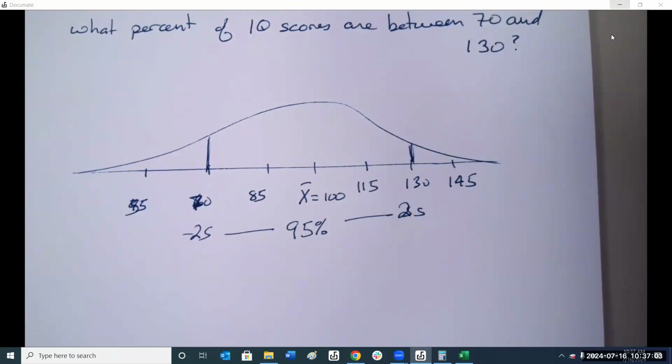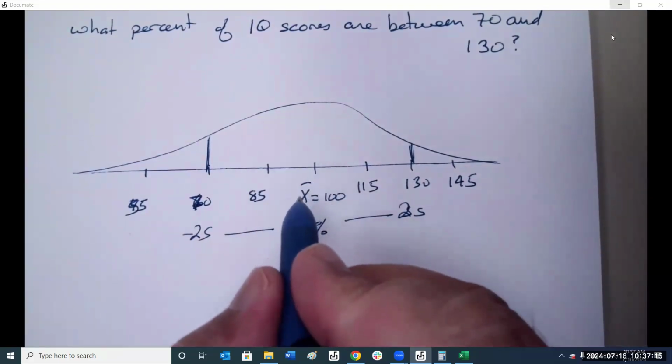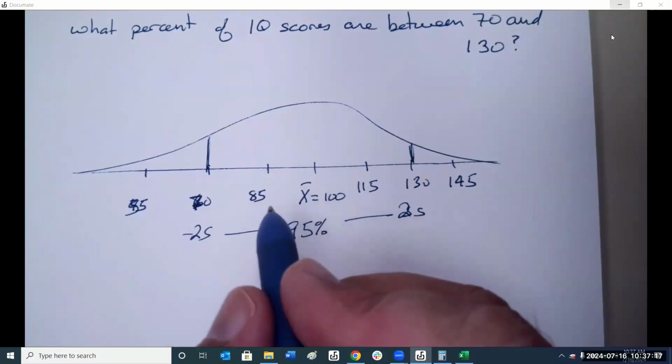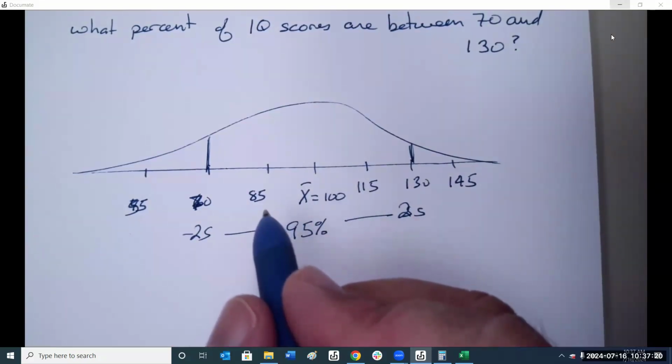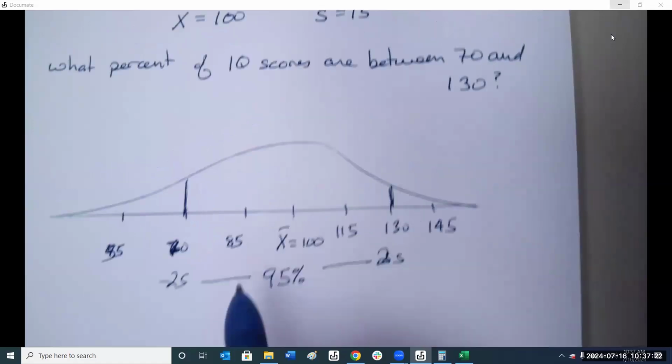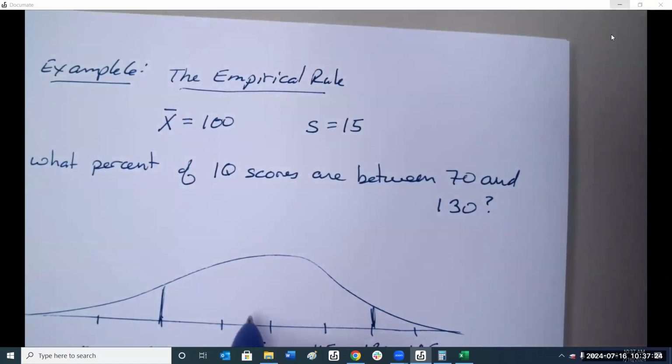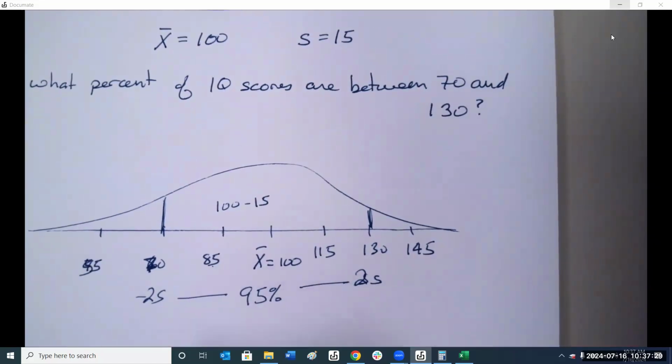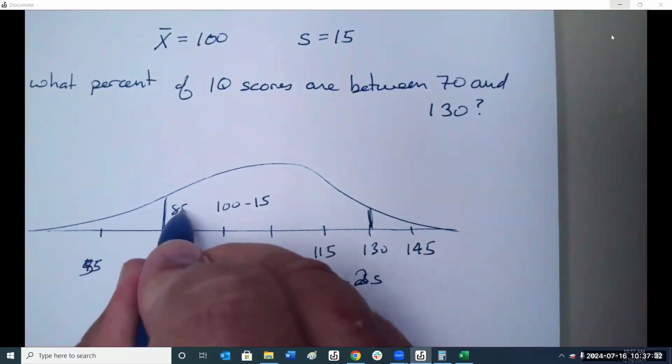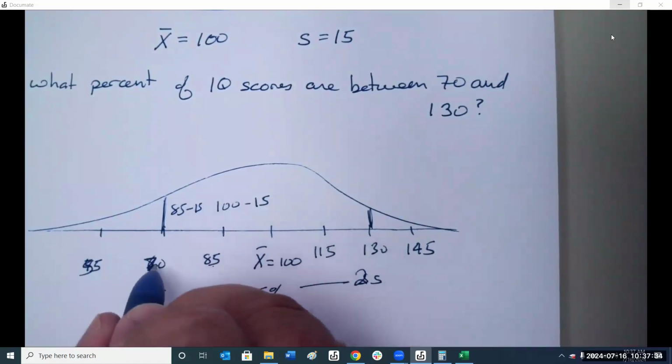If you're going by the 15, if we take 100 minus 15, we get 85. Then we take 85 minus 15, we get 70.